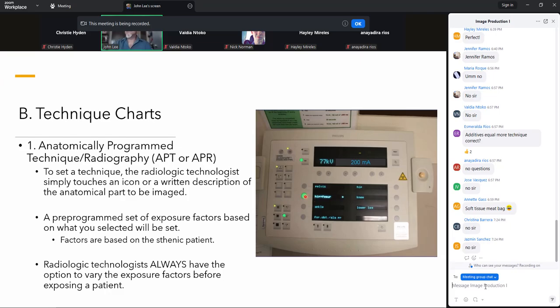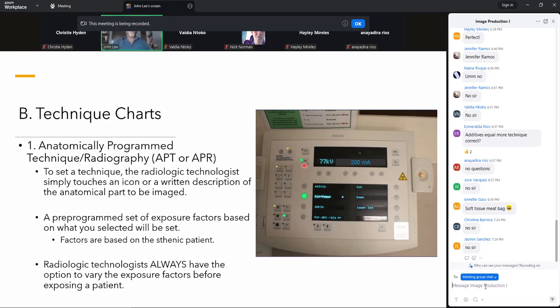And once we select hip femur, the next thing that comes up would be the AP view or the lateral view or the distal femur. That's anatomically programmed. Now they'll set up the kV, it'll set up an mA, and this one actually activates the AEC. So we're not even going to set a mask for this. The AEC is going to be utilized to make the exposure.